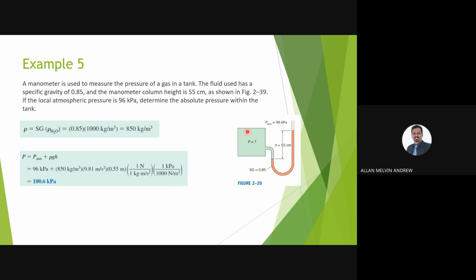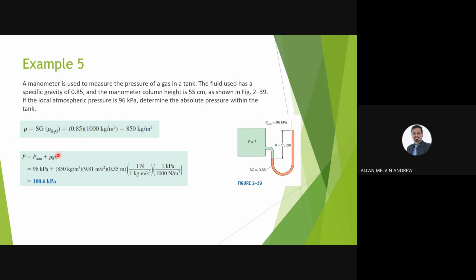Here you have a gas, because it's a gas tank, so here you have a pressure, and here you have a liquid with a specific gravity of 0.85. Specific gravity will always relate to the density of the water. First you need to calculate the density of the fluid, because only specific gravity is given.